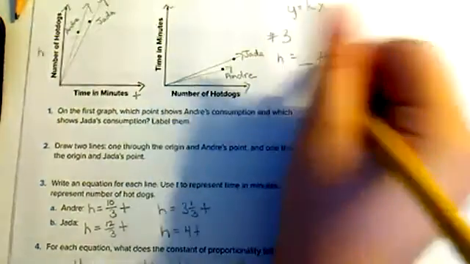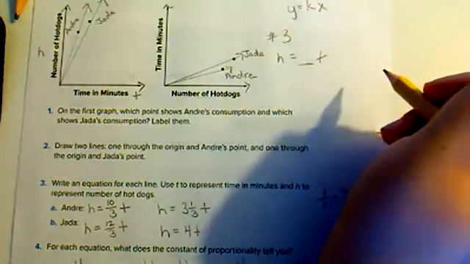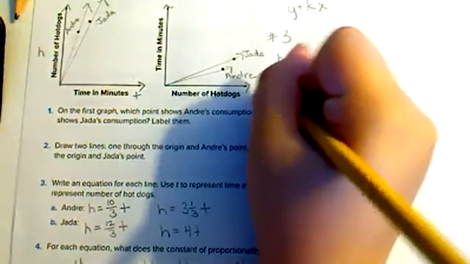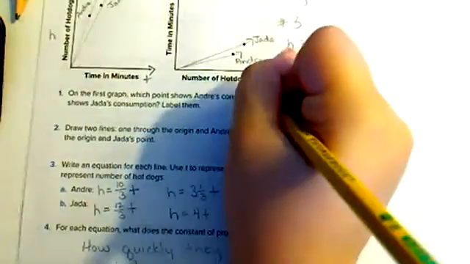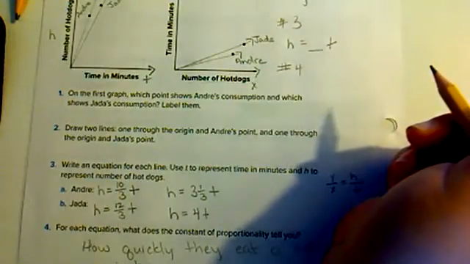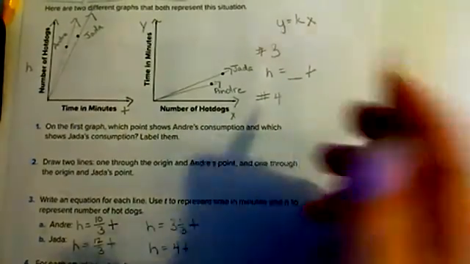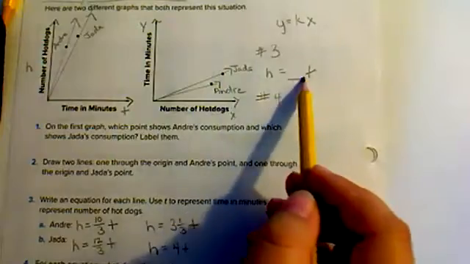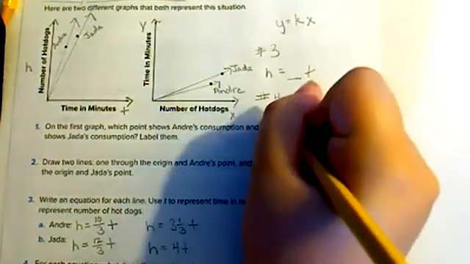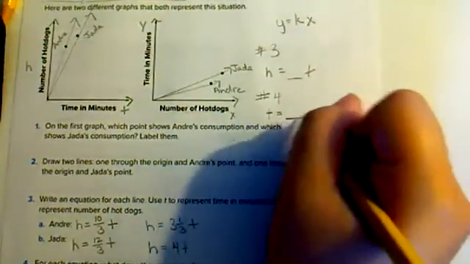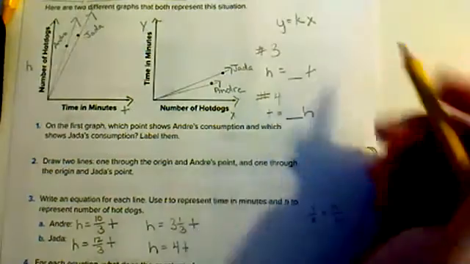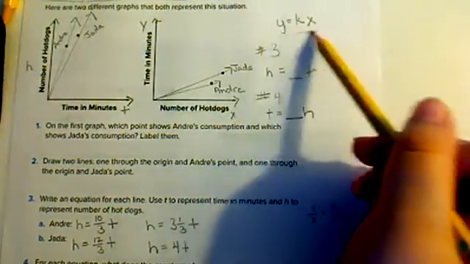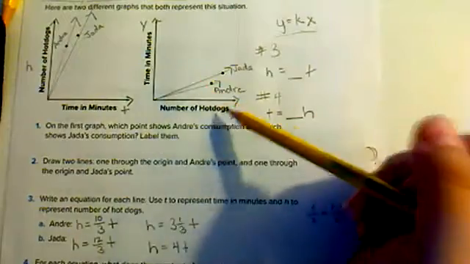And again, we're going to use this same equation, but it's going to be kind of reversed because this time our x-axis is hot dogs and our y-axis is minutes. So if our y is minutes and we're measuring that in time, it's going to be t equals blank h. And again, it's just the same thing as this formula here. We're just using the variables they gave us.